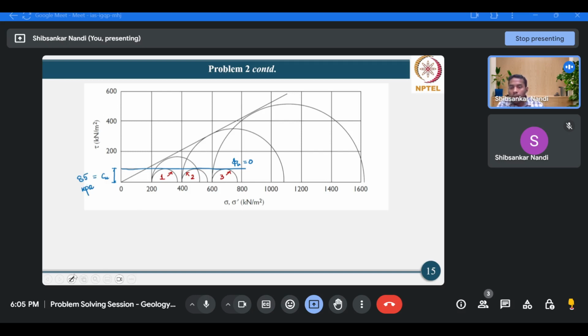Similarly, coming to the drained case, this is your Mohr circle 1, Mohr circle 2, and Mohr circle 3.